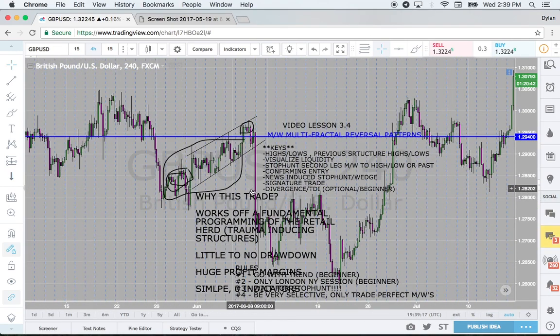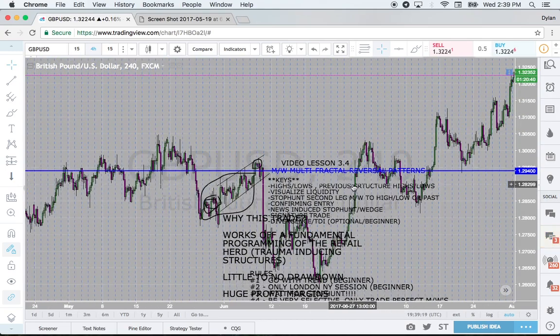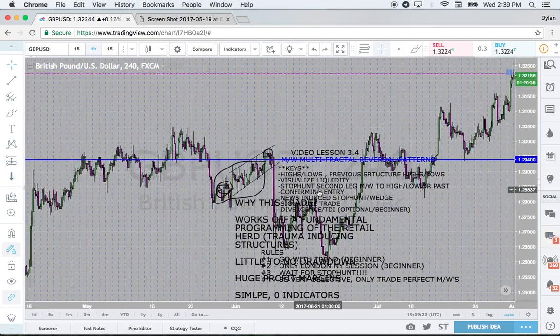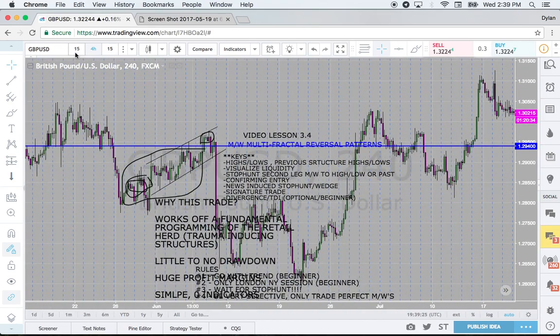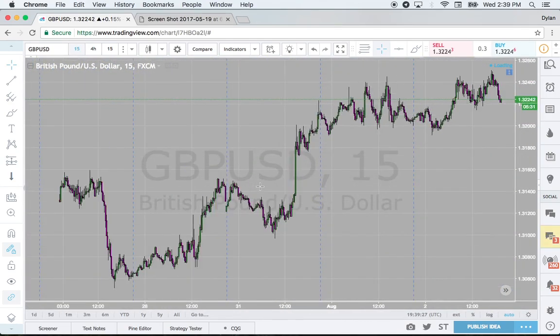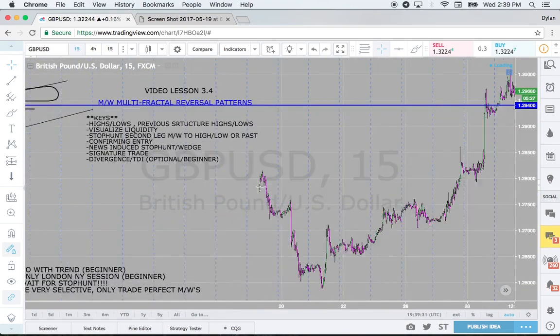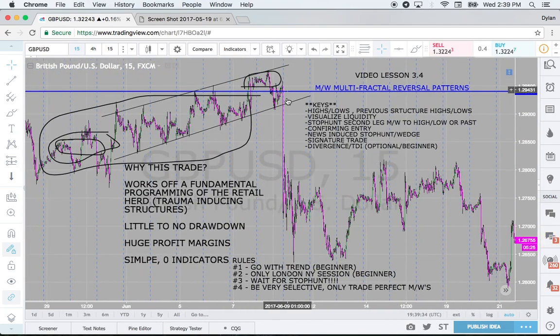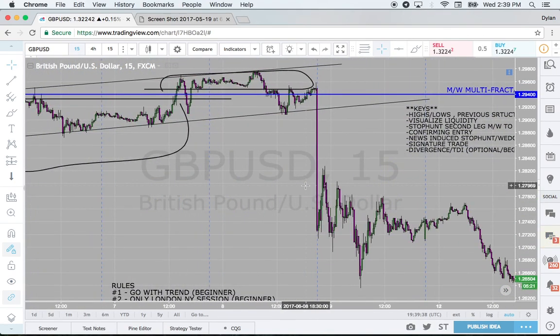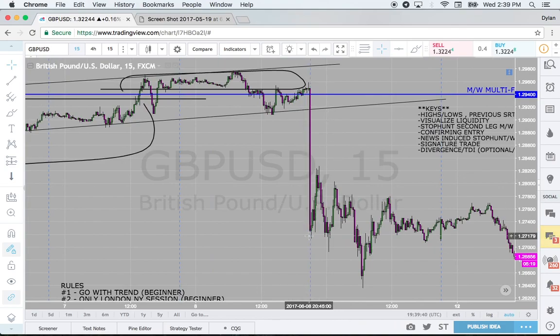And then you can see once the buyers are punished, that's when the market goes up. So these large volatile moves like this are not to be trusted.